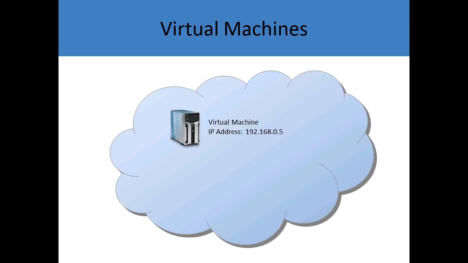Now, this is a bit of an extreme example, but just to illustrate the point, you might then decide to fire up a second virtual machine, and it might actually get a completely different IP address. Now, you can set things like affinity groups that will probably get it close, but the point being that you do not have control over the IP addresses that are assigned to virtual machines.